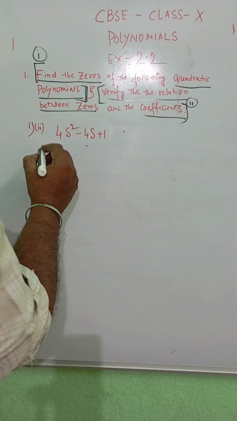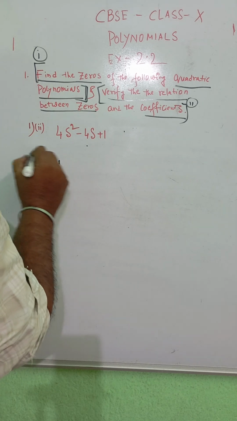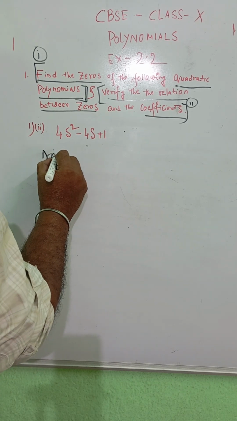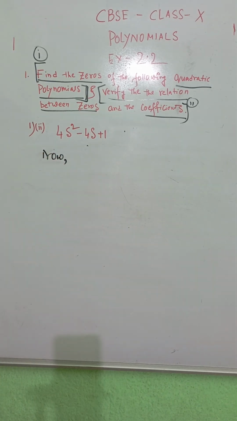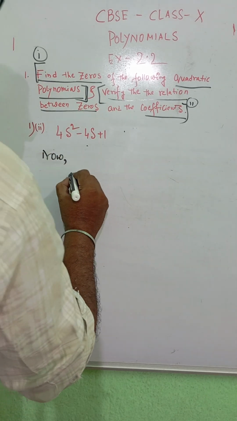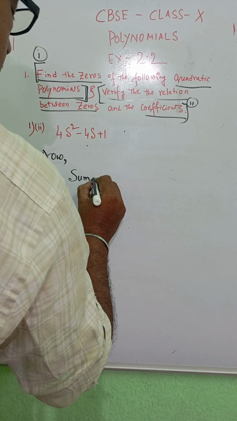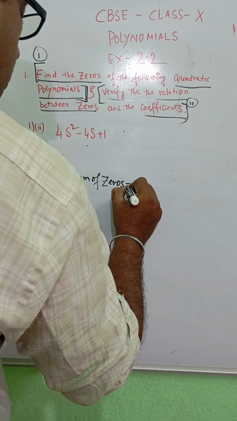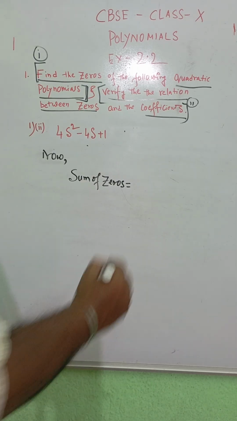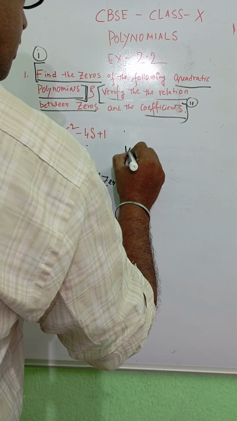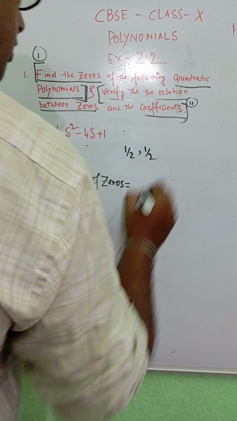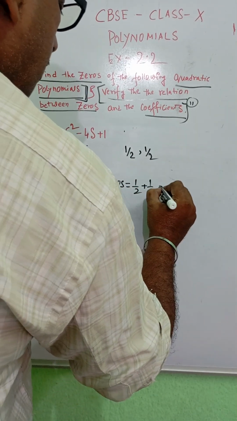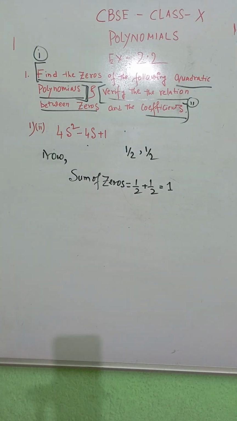Same thing we have to write. Sum of zeros is equal to half plus half is equal to 1.